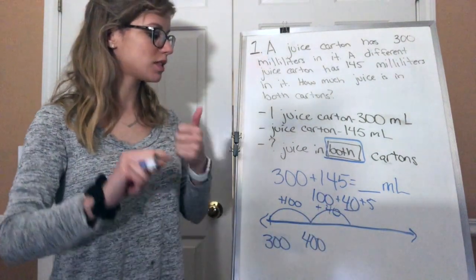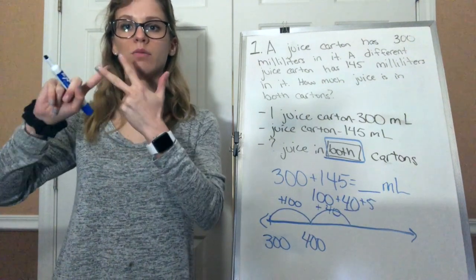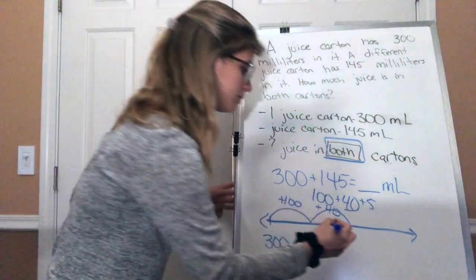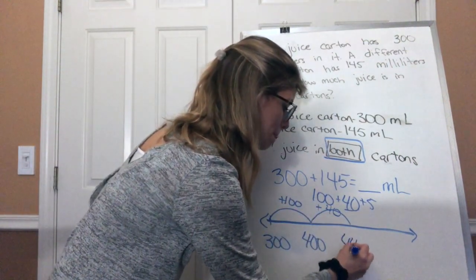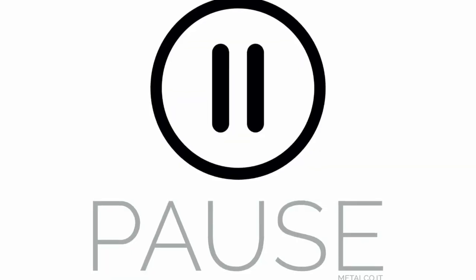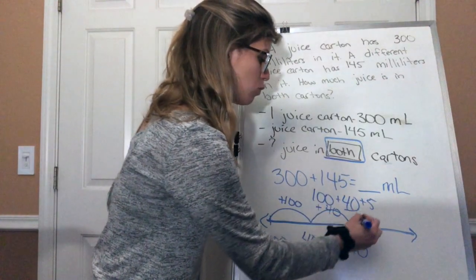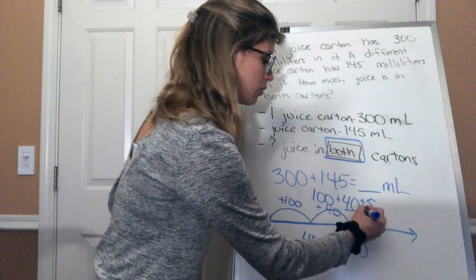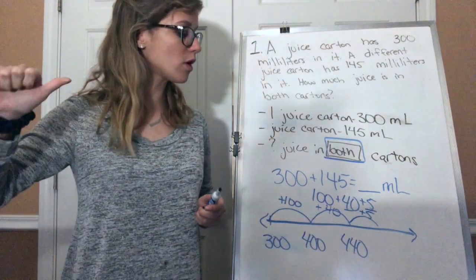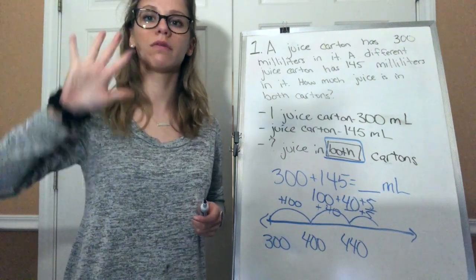So 400 plus 10 is 410, plus another 10, 420, plus another 10, 430, plus another 10, 440. And what do I need to add now? I need to add my ones place. So plus 5. And 440 plus 5 is 441, 442, 443, 444, 445.